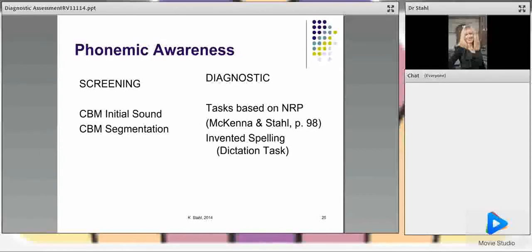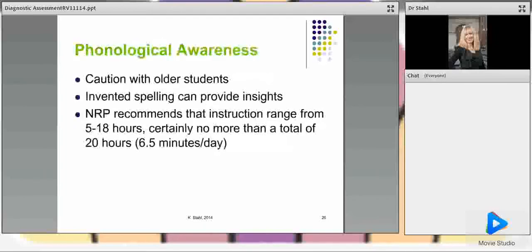Another test that enables you to see that is an analysis of invented spelling, such as Marie Clay's dictation task, or a spelling assessment like the Words Their Way spelling inventory for young readers. Naturally, you want to be cautious using these with older students, because by about second and third grade, research has found that spelling begins to confound these abilities.